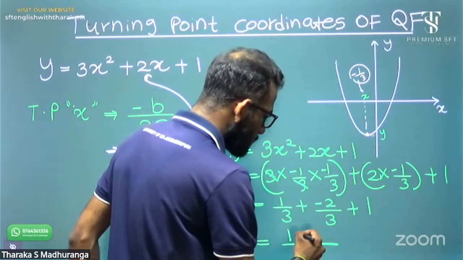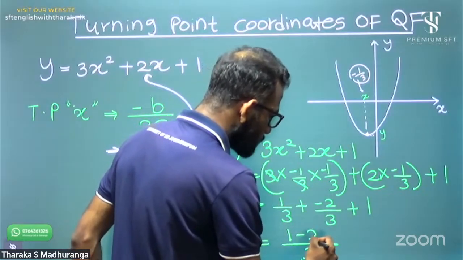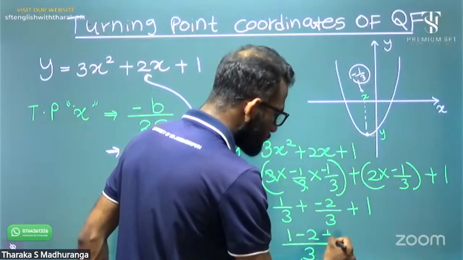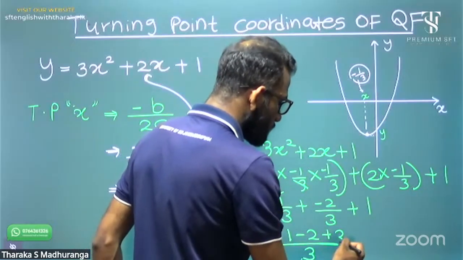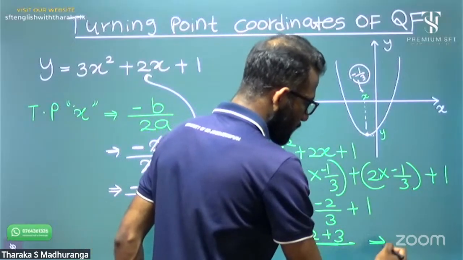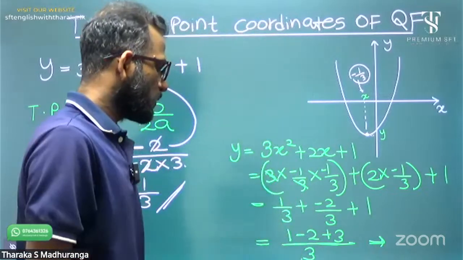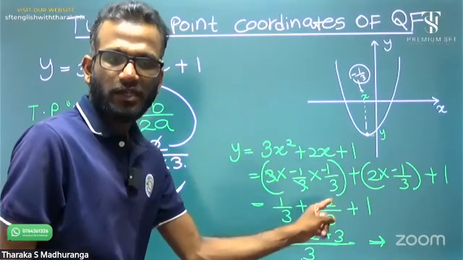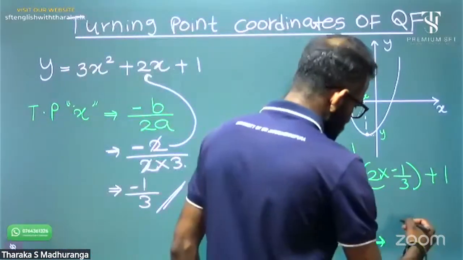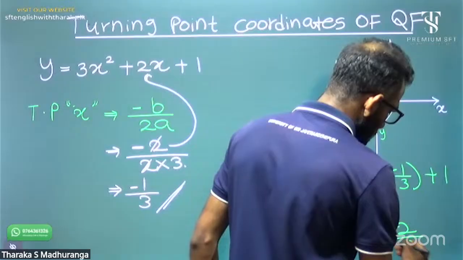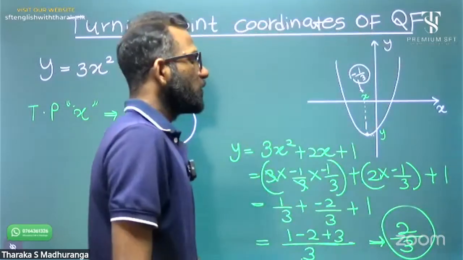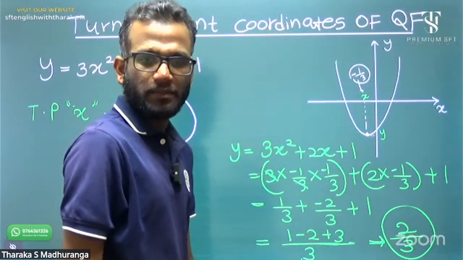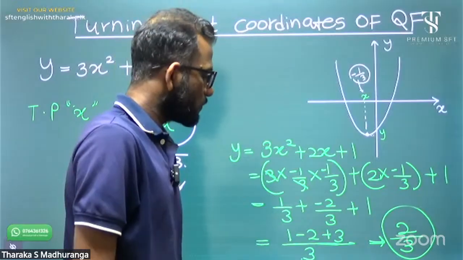Then it is 1 plus minus 2 plus 3 into 1, which is 3. 1 minus 2 is minus 1. Minus 1 plus 3 is 2 over 3.